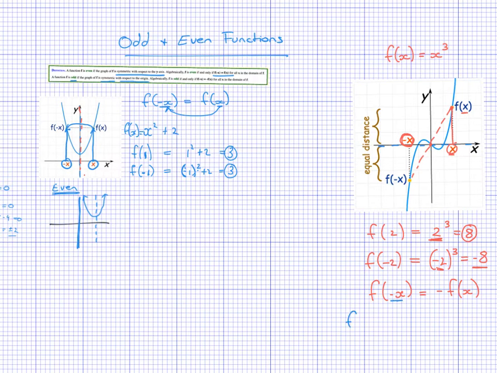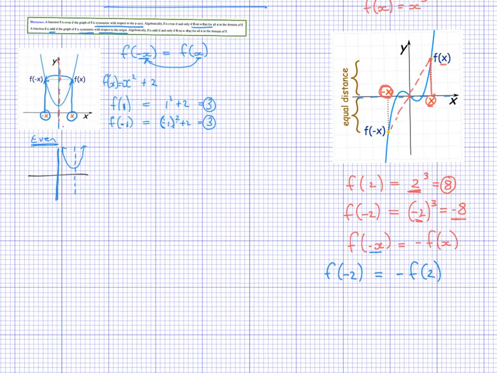F at minus 2 was the same as the opposite of the output for f at 2. Now let's go a little bit further. F at minus 2, the output was minus 8. If I chuck a minus sign in front of the output for 2, I get minus 8.